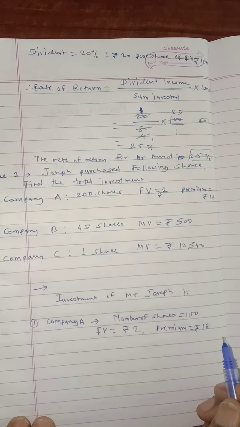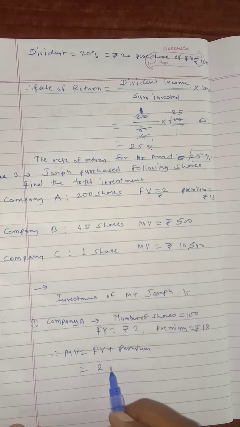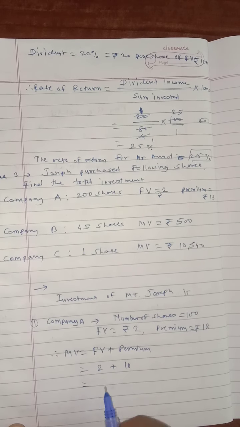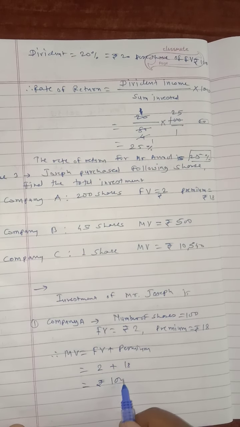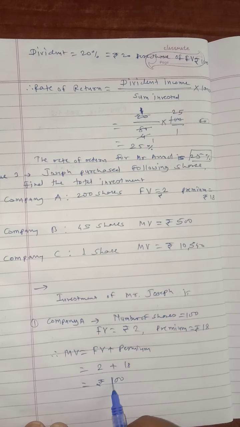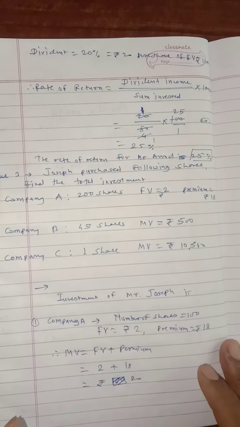Therefore, market value is equal to face value plus premium. Face value is 2, premium is 80, so market value is 120. Market value is 18 plus 2 is 20.